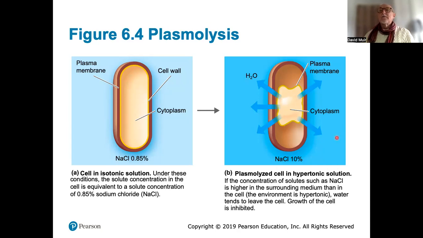It's going to flood out of the cytoplasm to try and dilute the outside by osmosis. And what we see then is the cell begins to shrink away from the cell wall. This is called plasmolysis. It's a very dangerous situation. And very often if plasmolysis continues too much, the cell dies.